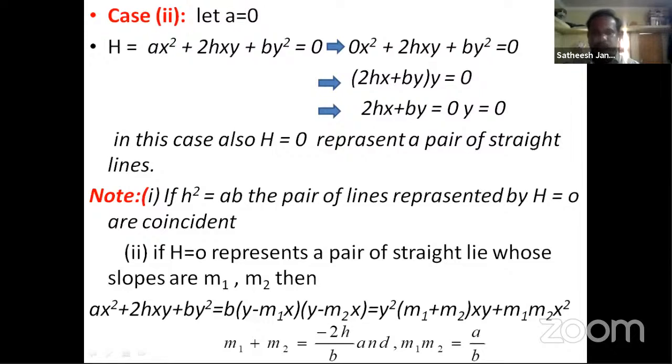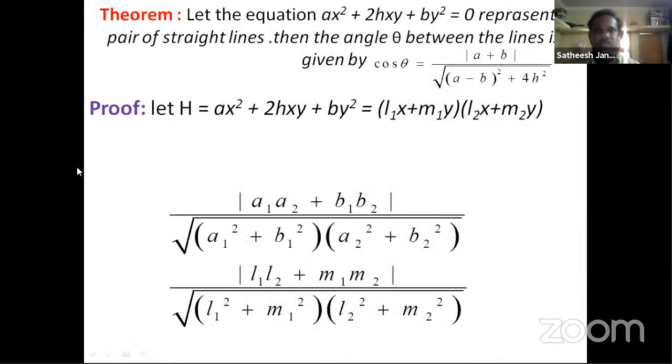Sorry students, here are some mistakes. Observe both sides. The sum of the slopes m1 plus m2 is equal to minus 2h by b, and m1 into m2 is equal to a by b.